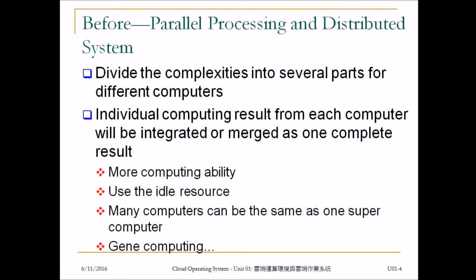In the past, computing science researchers already implemented parallel processing and distributed systems. The computer in the past could not provide high-performance computing. Hence, the scientists tried to divide the original heavy workload or complexities into many smaller partitions.